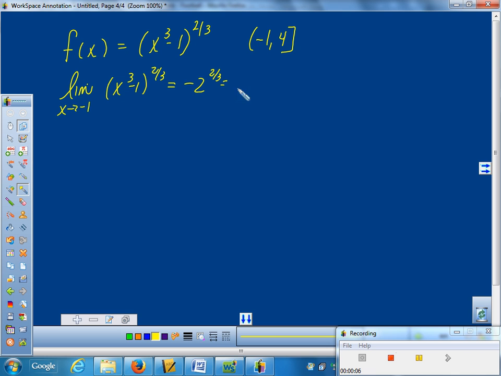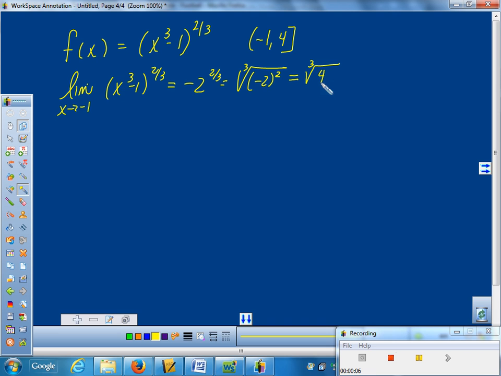Because if I put that in there, that's really saying that's -2 squared. So that's really a positive cube root of 4. Just suppose I have that decimal. Nope, I don't. Okay, well, I guess we'll look at this.